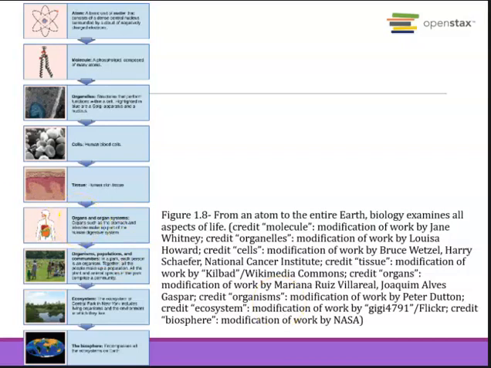Organs are collections of tissues grouped together based on similar function, and these organs are present in both animals and plants. A collection of organs is an organ system. An organ system is a higher level of organization consisting of functionally related organs. So we have different organ systems in our body.